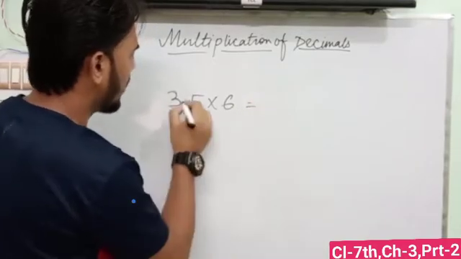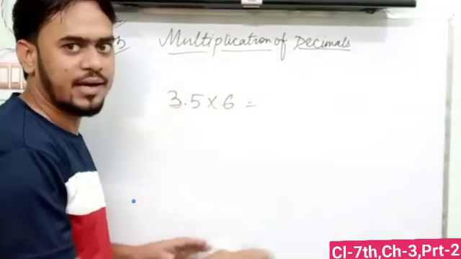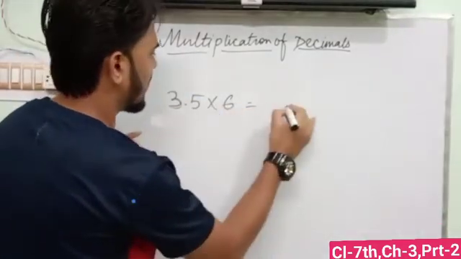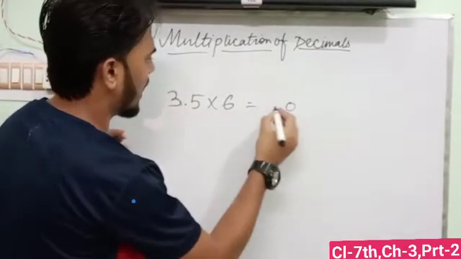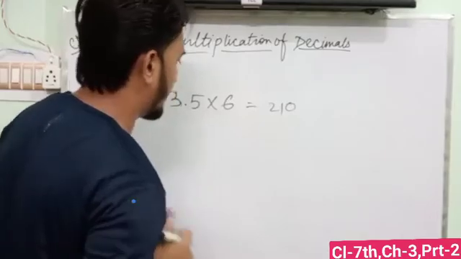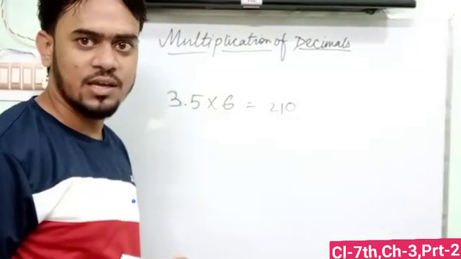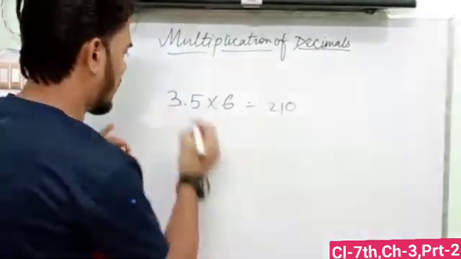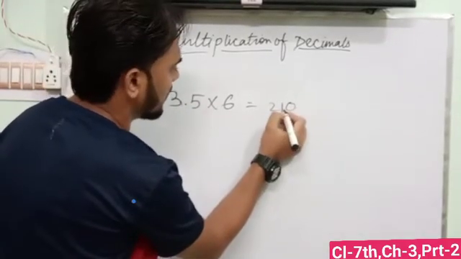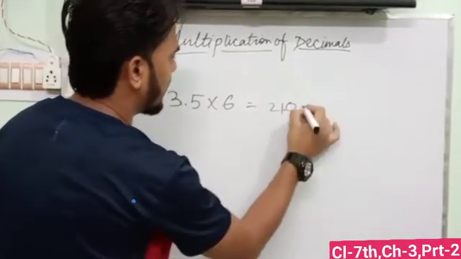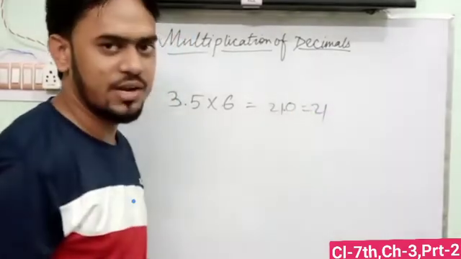First of all ignore the decimal and directly multiply: 6 5s are 30, 6 3s are 18 and 3 is 21, so 210. Now count the digits after the decimal. There is 1 digit after the decimal, so put the decimal after 1 digit. That means your answer is 21.